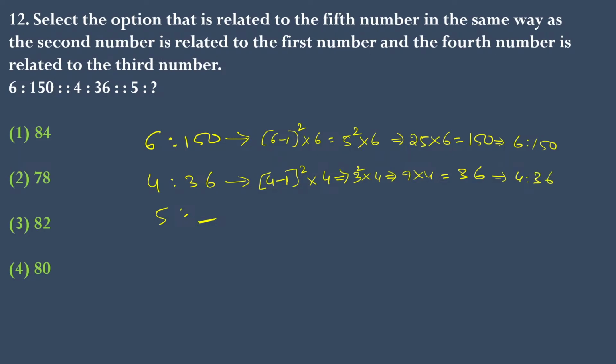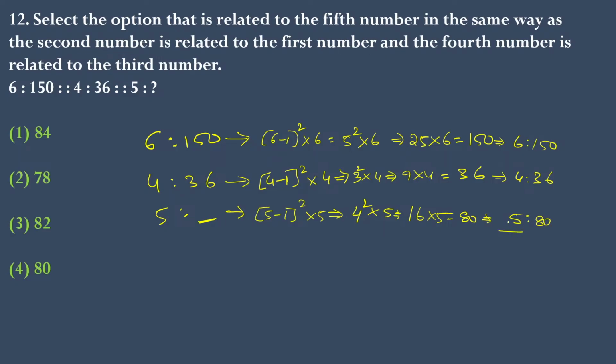In a similar way, 5 minus 1 squared into 5: 5 minus 1 is 4, 4 squared is 16, 16 fives are 80. So the logic is 5 is to 80.